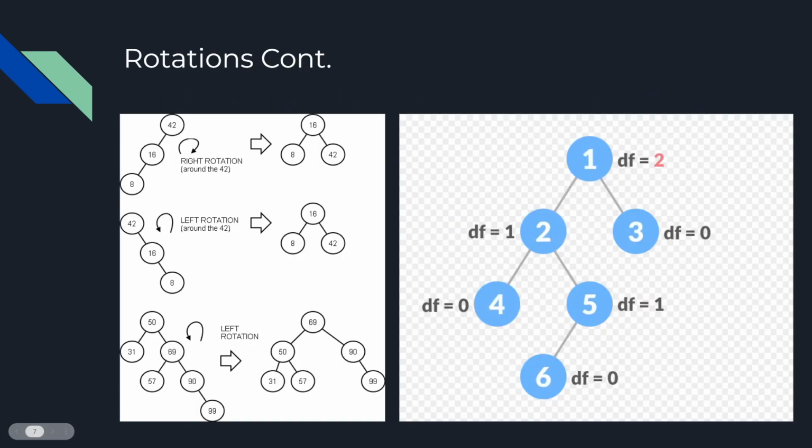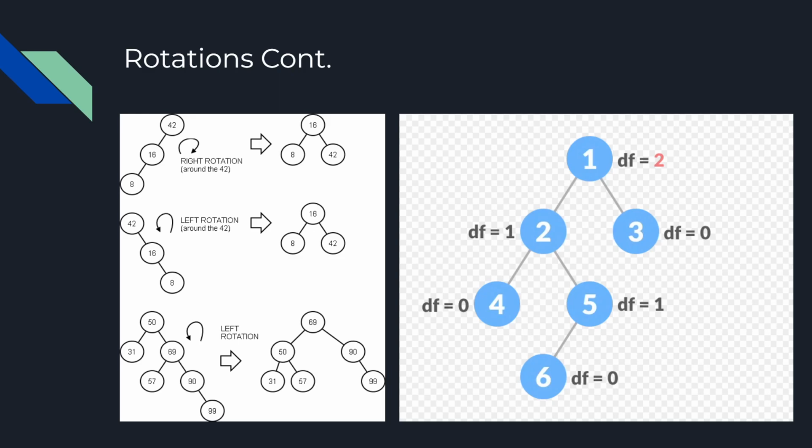For example, looking at the topmost example on the left, we have 42, 16, and 8. Notice this is technically following the rules of our binary tree, as each child to the left of 42 is lower than 42, except it's not the most efficient way to balance it because there's a two-layer difference instead of a one-layer difference.